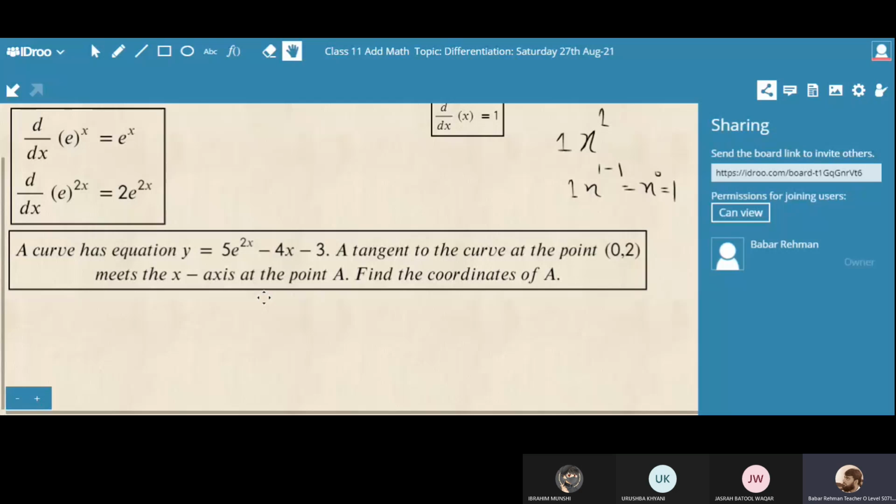So Jarsa, you were saying that we will find the derivative first. Okay, then the next step, Jarsa, or does anyone else remember?